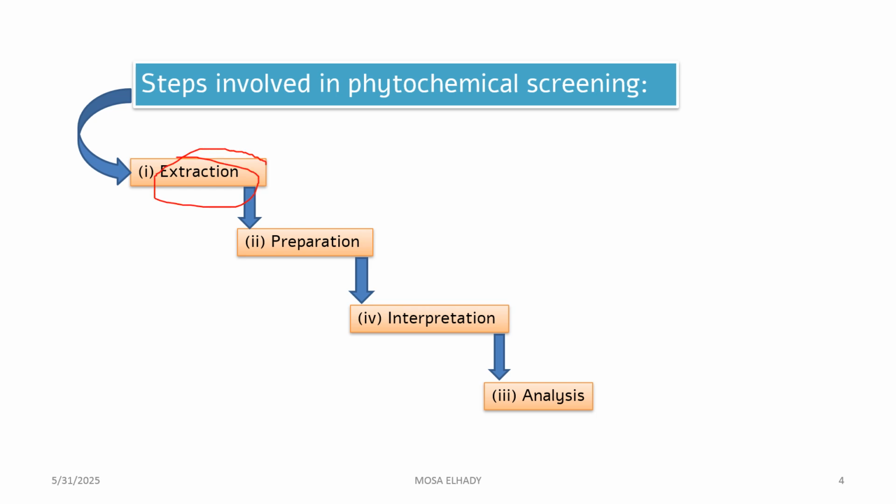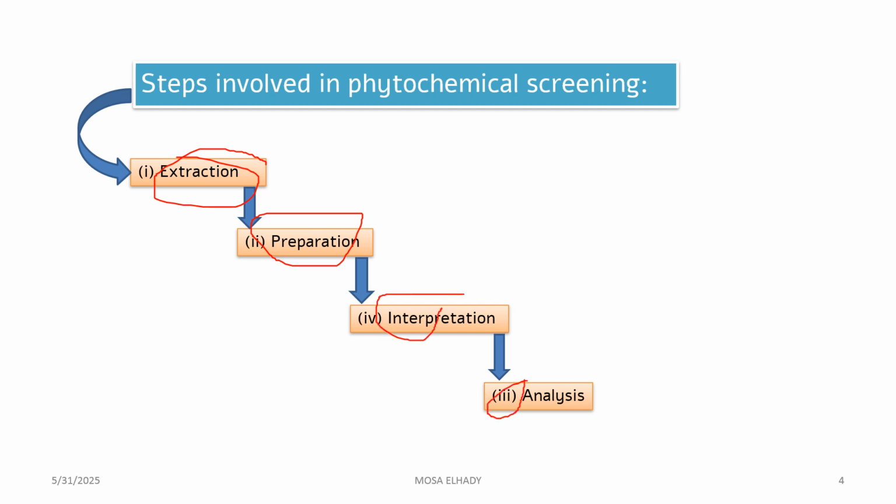We start with extraction using a suitable solvent according to the intended compound to be extracted, followed by preparation. Preparation means use of a suitable filtration method to separate the active fraction from the inactive plant marc, followed by interpretation and analysis.